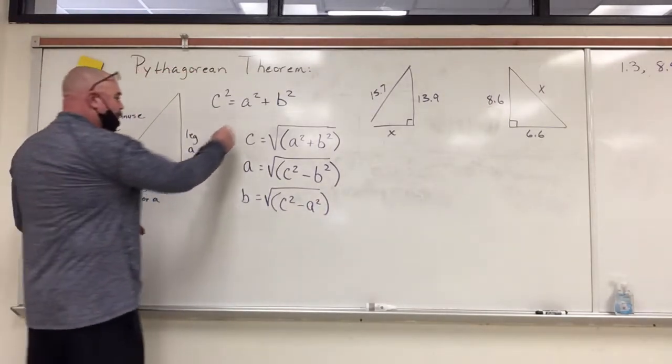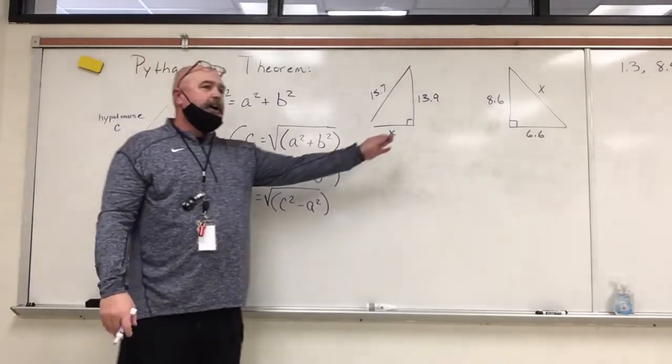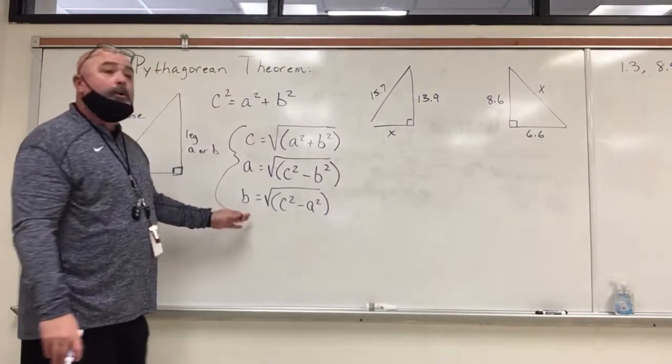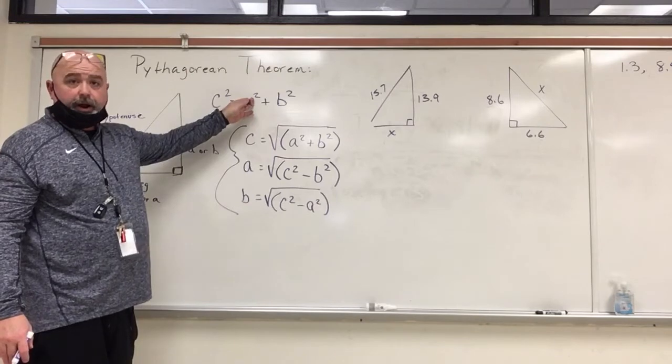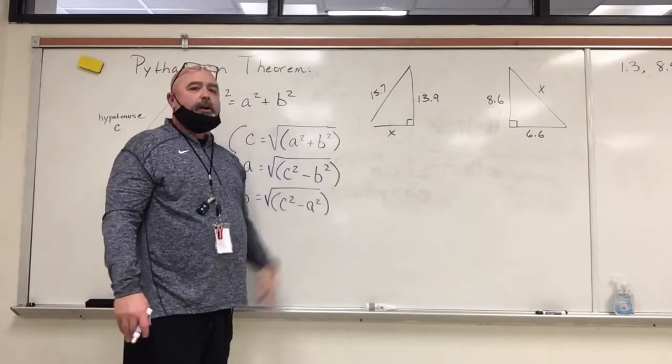So these three formulas are the formulas that I will use to find missing sides of right triangles. These are all derivatives of the Pythagorean theorem. Everybody understand?